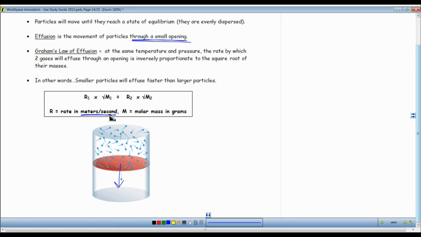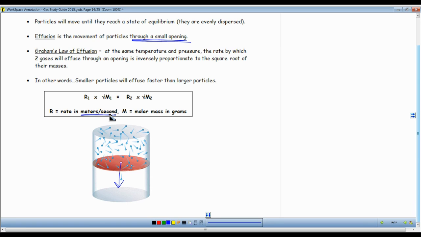That rate by which these gases move through a tiny opening is inversely proportionate to the square root of their mass. Okay, well, inversely proportionate means that if I increase one variable, the other one decreases. And then it's somehow like rate is inversely proportionate to the mass.